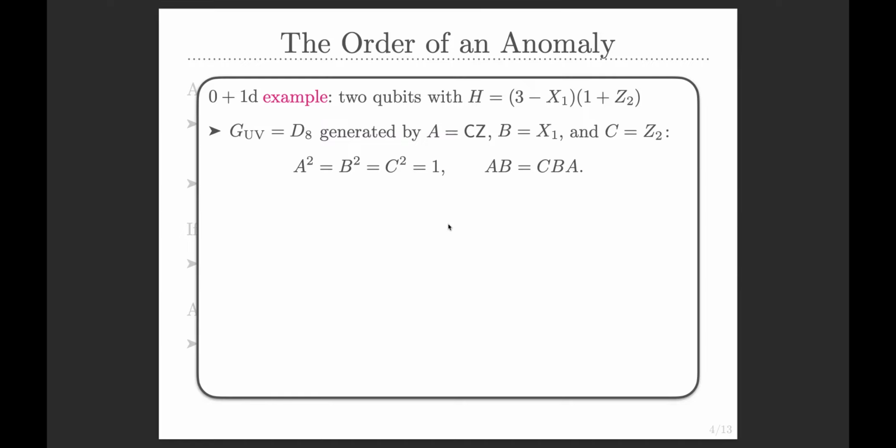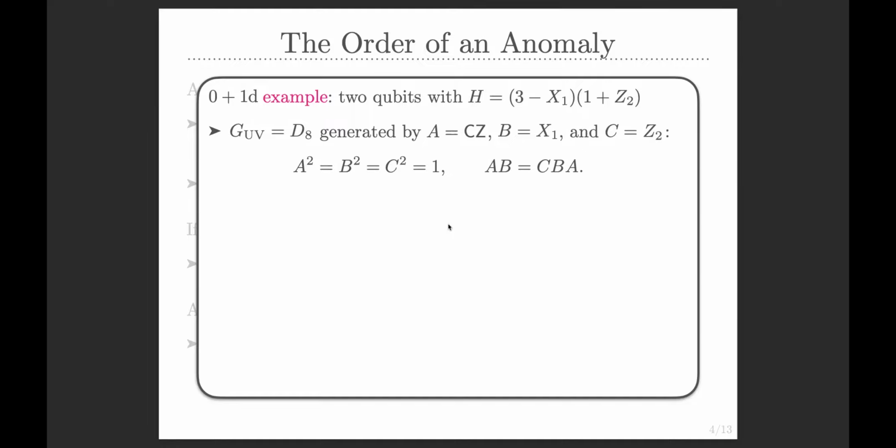The other symmetry operators will be x1 and x2. It's very obvious that the symmetry operators B and T commute with the Hamiltonian, and it's pretty quick to see that the symmetry operator A also does. They generate a D8 symmetry because they satisfy these D8 relations, where D8 is an extension of Z2 times Z2 by Z2.